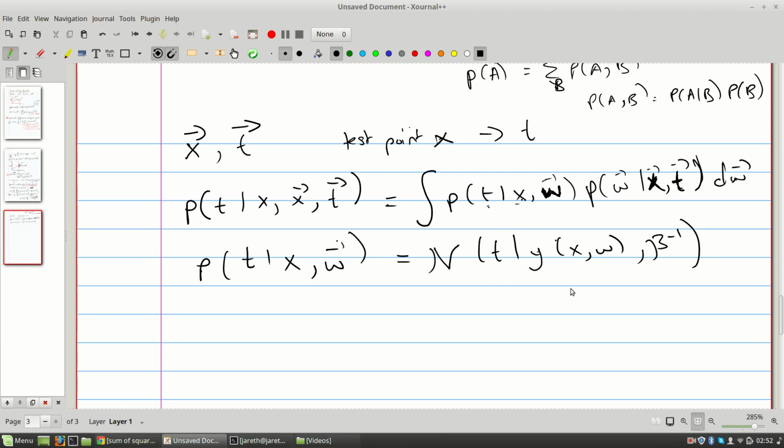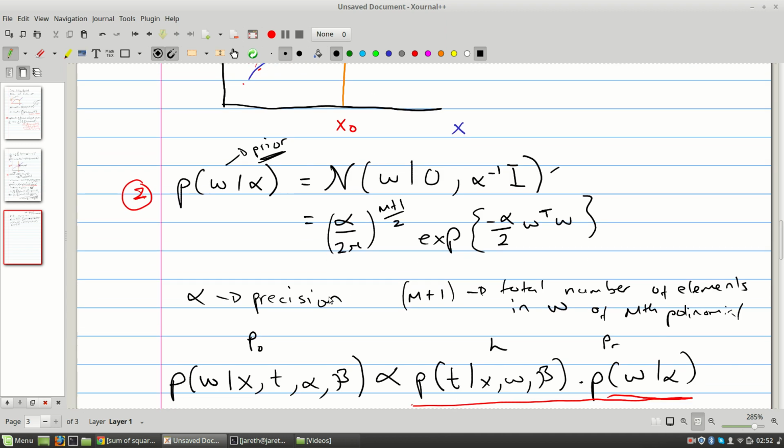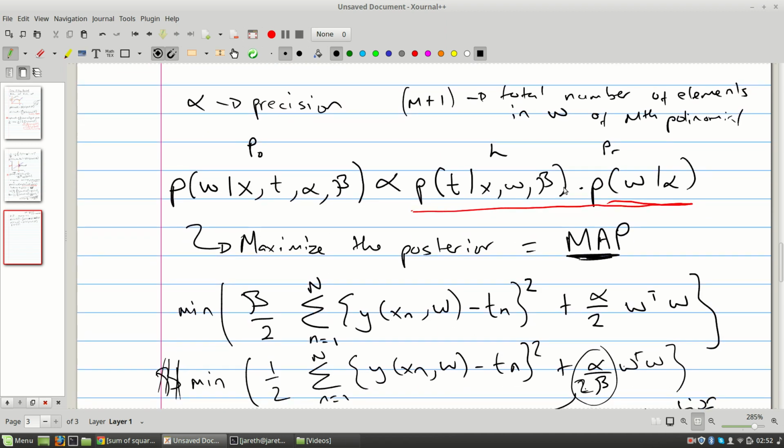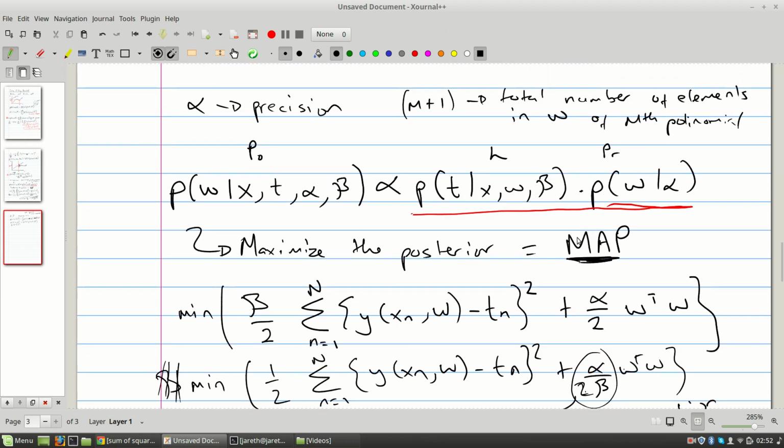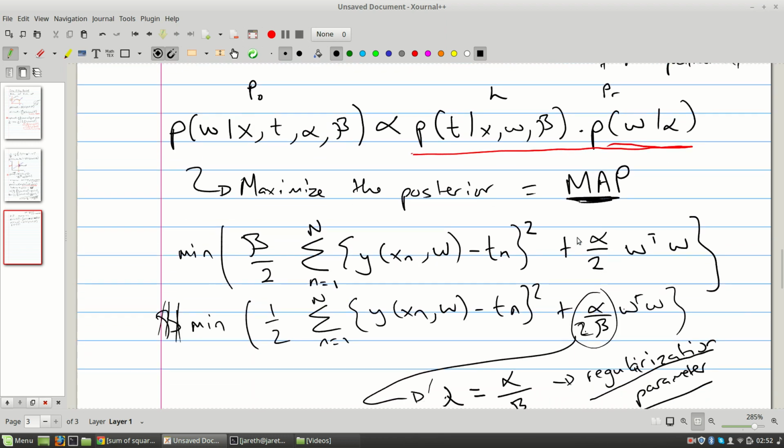And the probability of w given X comma T, the one we see here, how do we find this? We just need to normalize this term, normalizing this posterior. So we divide this by the integral of all of this. This should be something you're familiar with from the previous lecture as well.